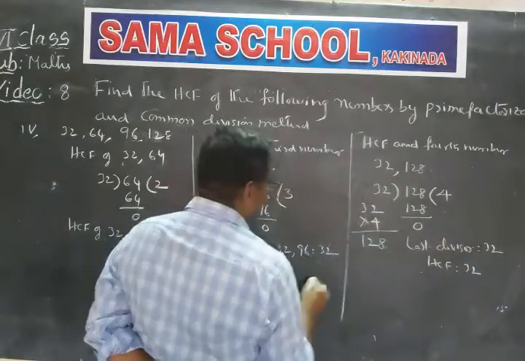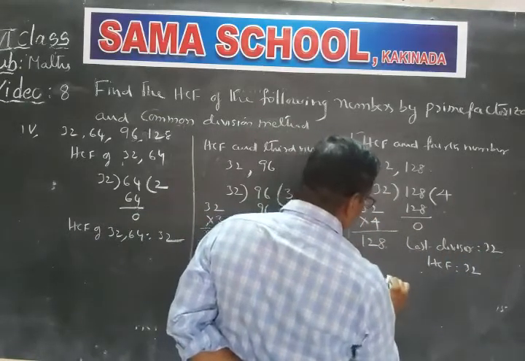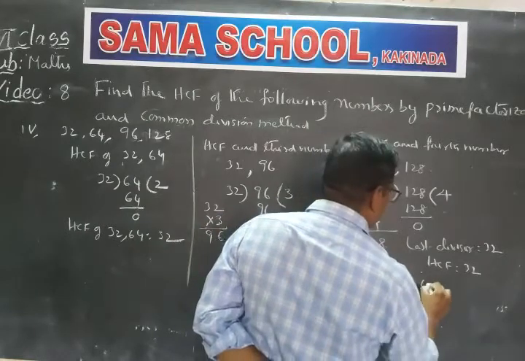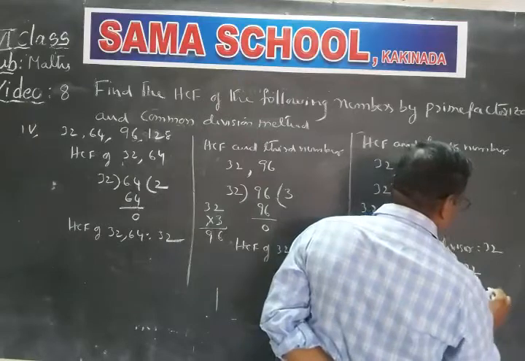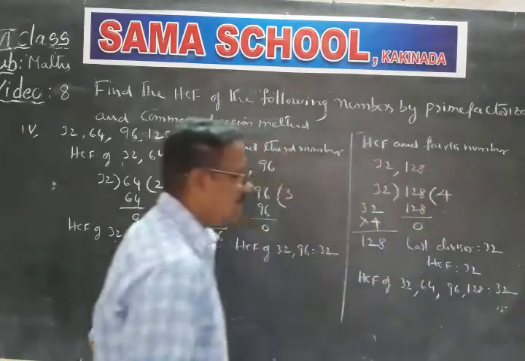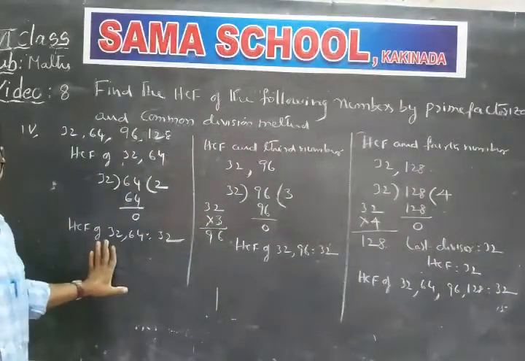The HCF of 32, 64, 96, 128 is equal to 32. This is the division method to find the HCF.